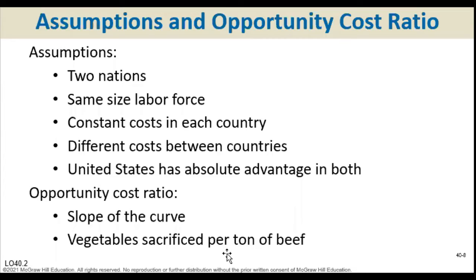So it's two different things. The first one, absolute advantage, means that it can produce the good efficiently at the lowest possible price. But under comparative advantage, a country can produce the good at a lower opportunity cost.